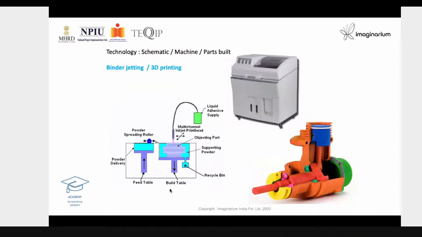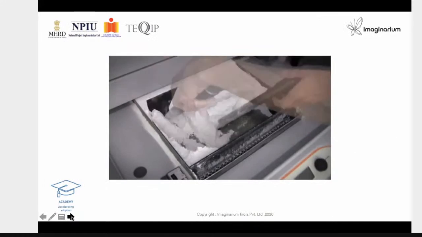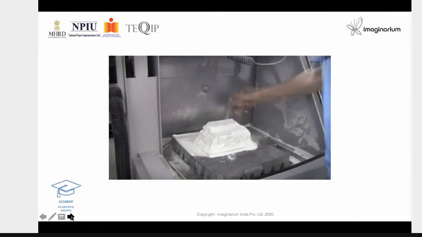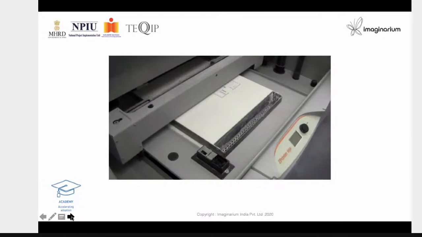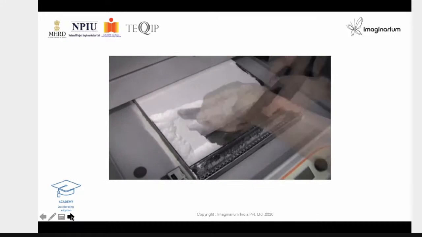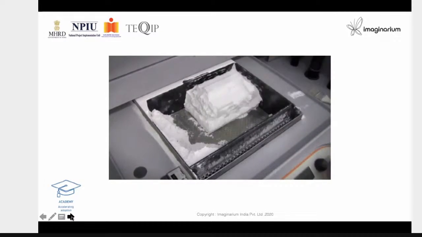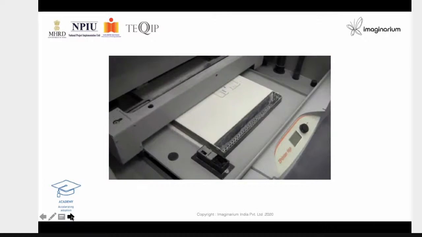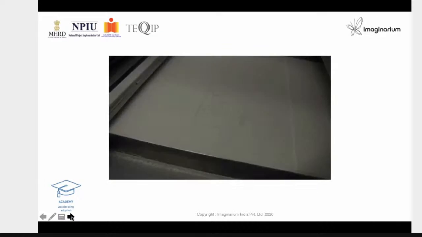You can see here how the powder bed is plotted, and powder is being removed, and you can see again and again this process. It writes the sections layer upon layer, just like a plan.